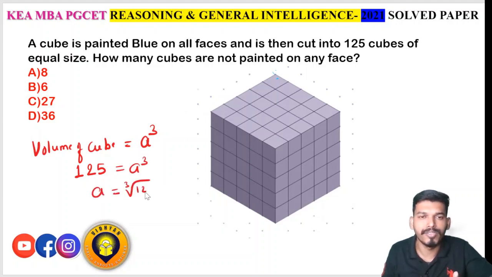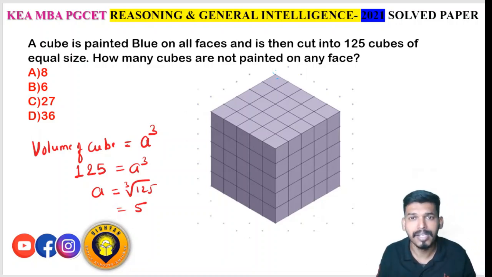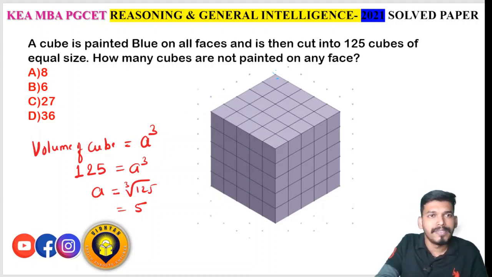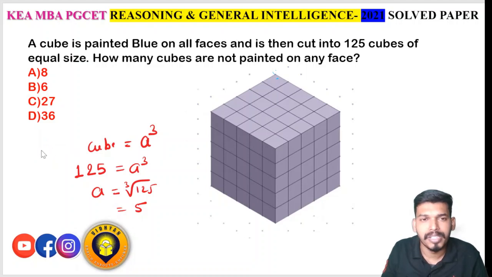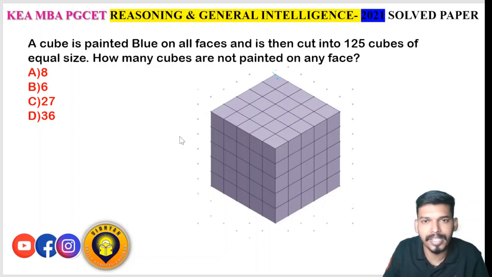Cube root of 125, which equals 5. So we can assume that the length and breadth of the cube is 5 centimeters. Okay, leave that part. Now just imagine there is a cube, and let's take each side as 5 centimeters, so that you will get 125 cubes.